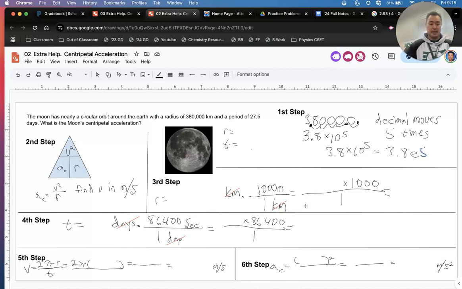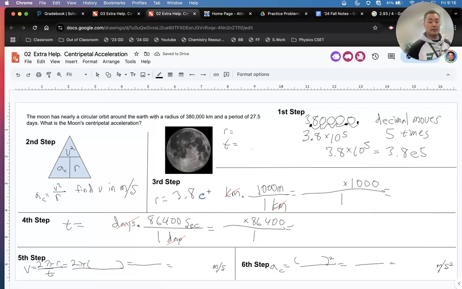So we are on Caleb's turn. Caleb, what is the radius? 380,000, but we shrank it to a good 3.8, but say the whole thing. Even shorter, 3.8.